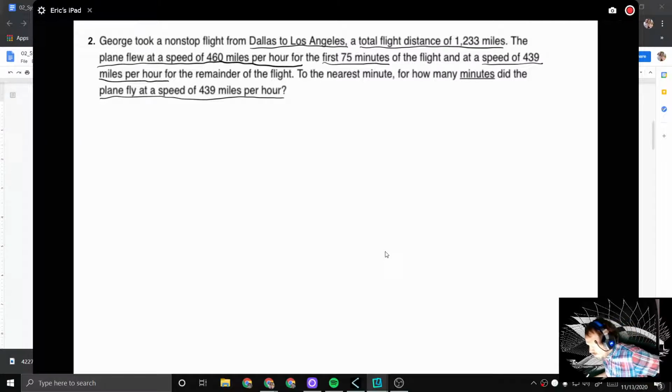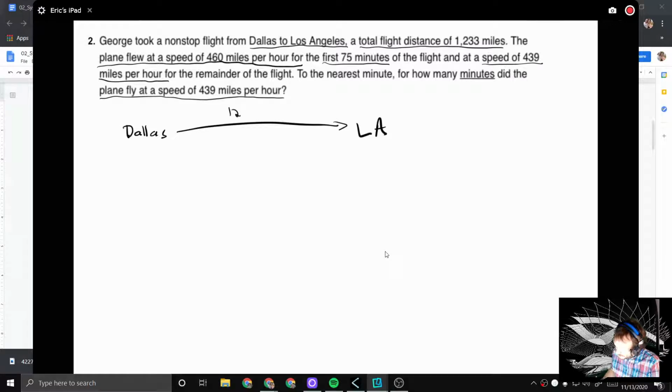Now I'm going to read it over, kind of trying to put myself into George's situation. He flew from Dallas to LA. So we've got this flight, Dallas to LA. On this flight, the total distance is 1,233 miles. The plane flew at one speed for the first portion of the flight and a different speed for the remainder of the flight.